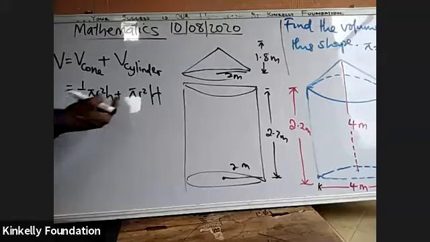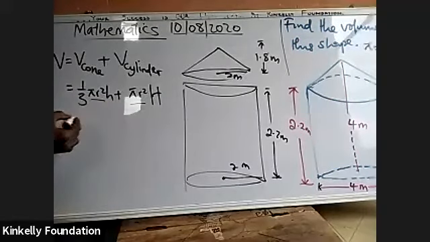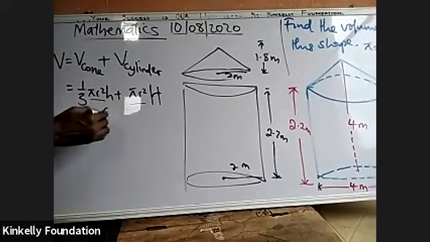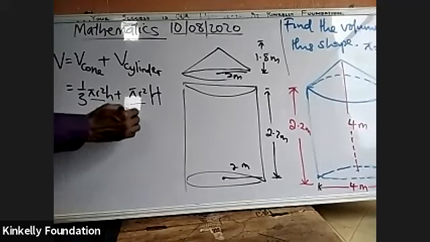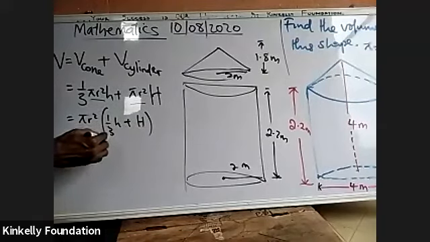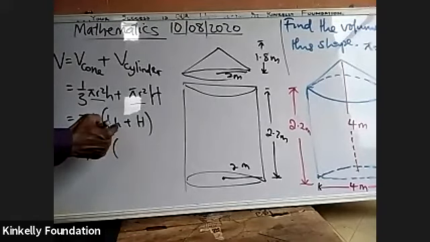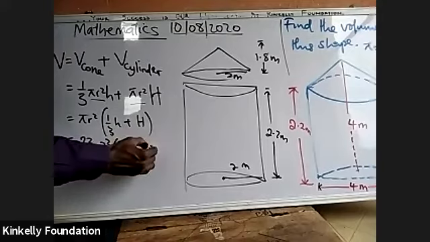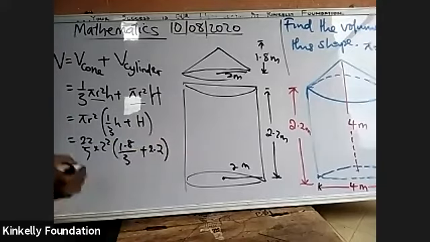Now, since these are the same for the two of them, we have pi r square (1/3 h plus h). So this is 22/7 times r squared, 2 squared, bracket h is 1.8/3 plus 2.2.